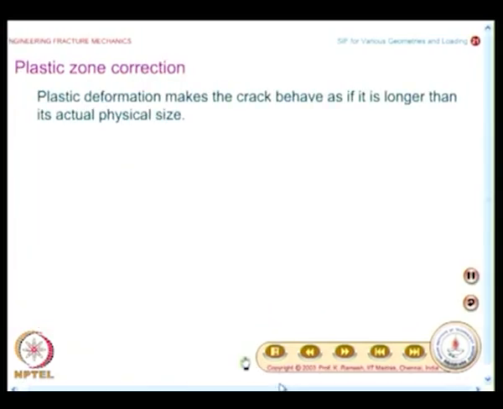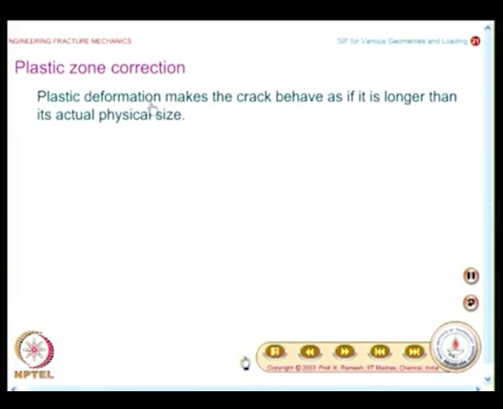And in the next chapter we would discuss in detail how to calculate the plastic zone, and as surface cracks are very important, people thought in what ways you could improve the results that we have obtained for surface cracks.